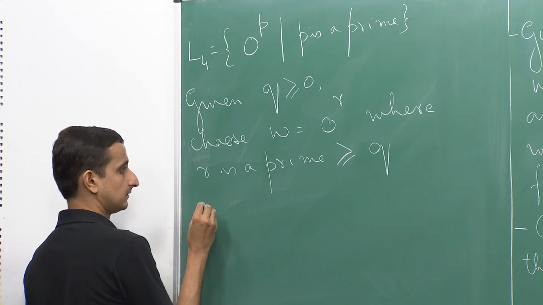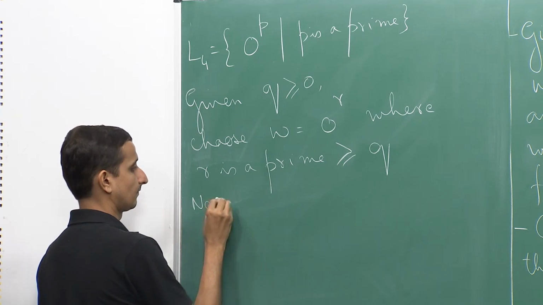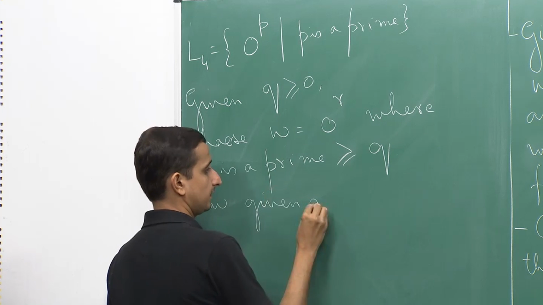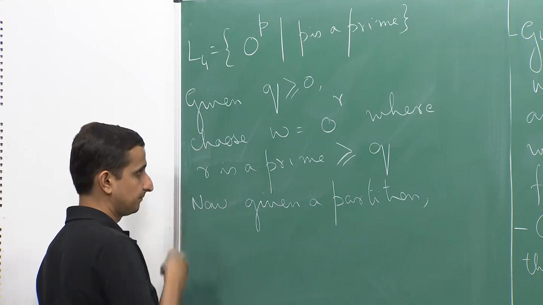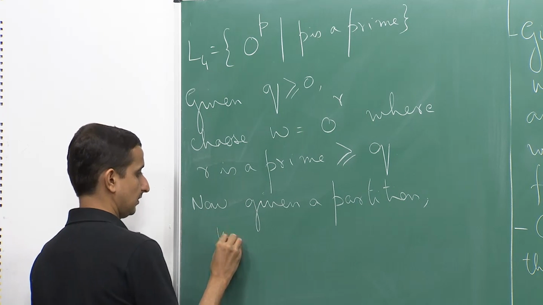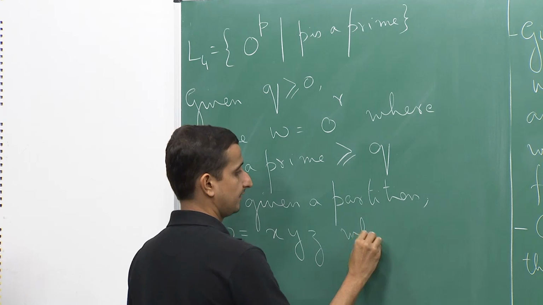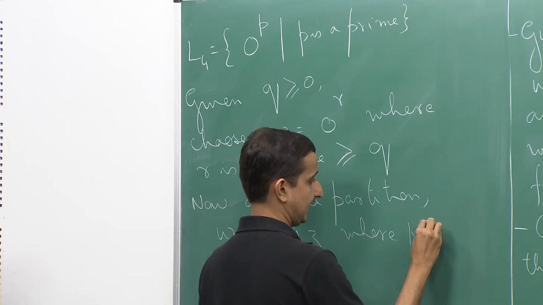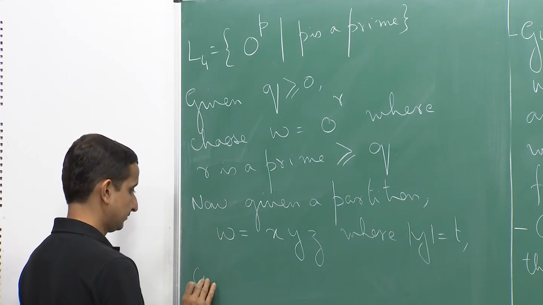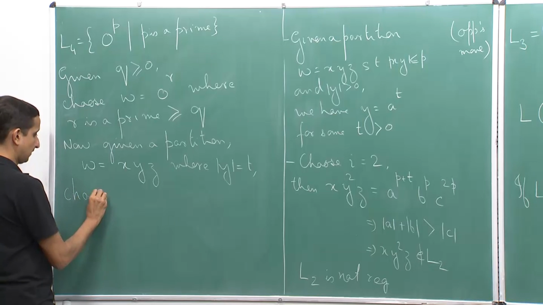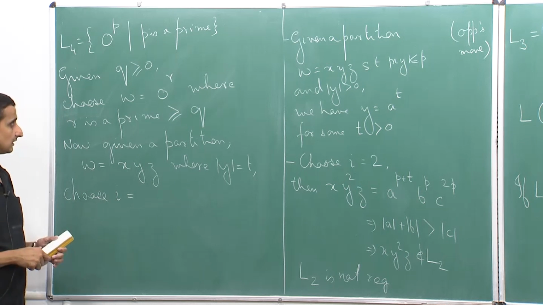Now, given a partition of w as x, y, z, where let us say that the length of y is some t, we will choose I. So, what do we choose I as?